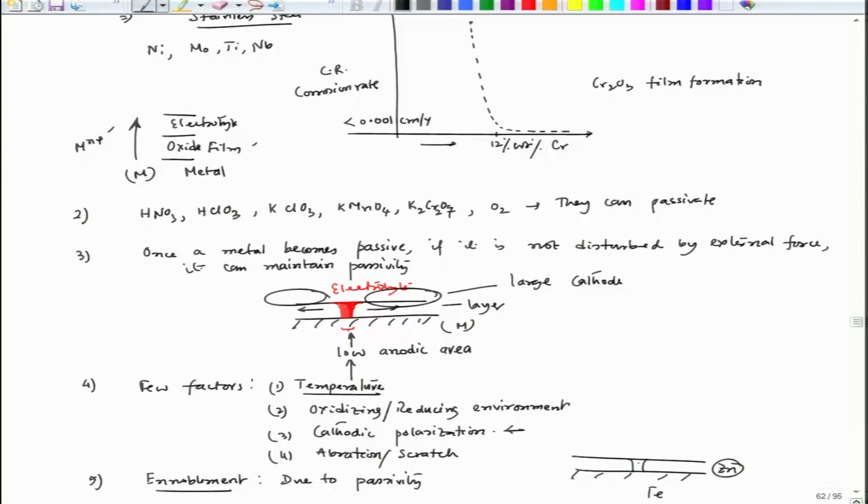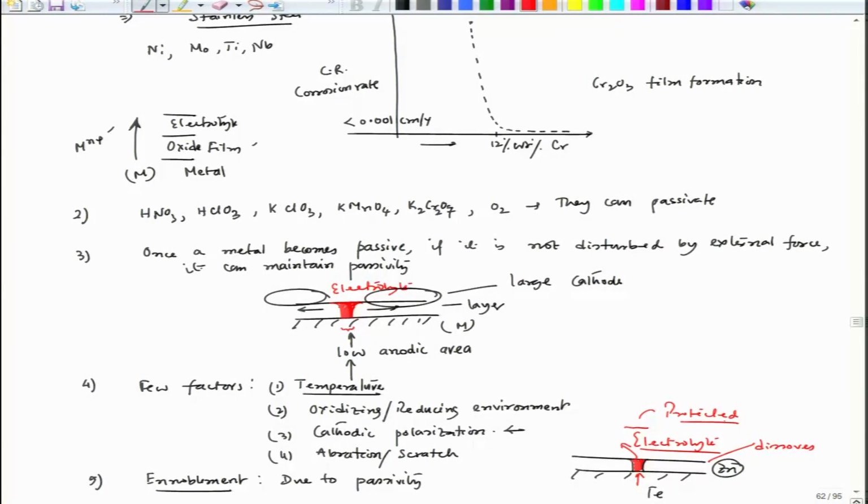In that broken region, the iron is exposed to the electrolyte. So, corrosion can happen, but we have already seen from the mixed potential theory that here iron preferentially acts as a cathode and zinc becomes anode. So, zinc dissolves and this section is protected.